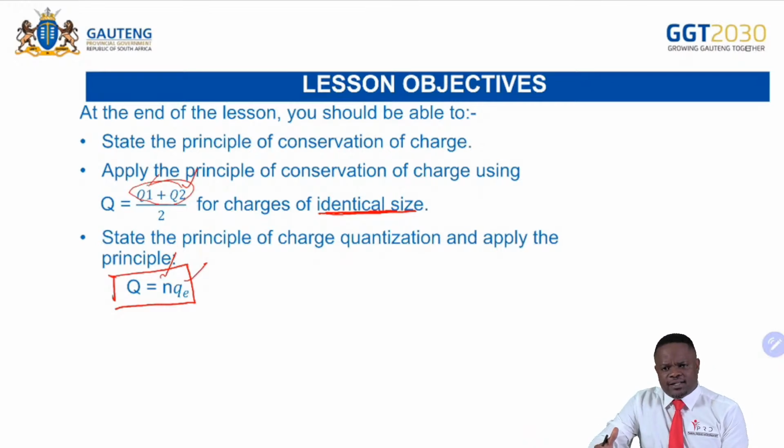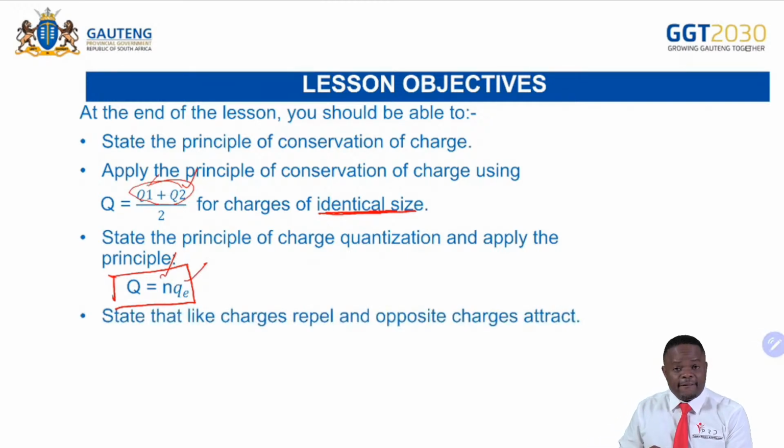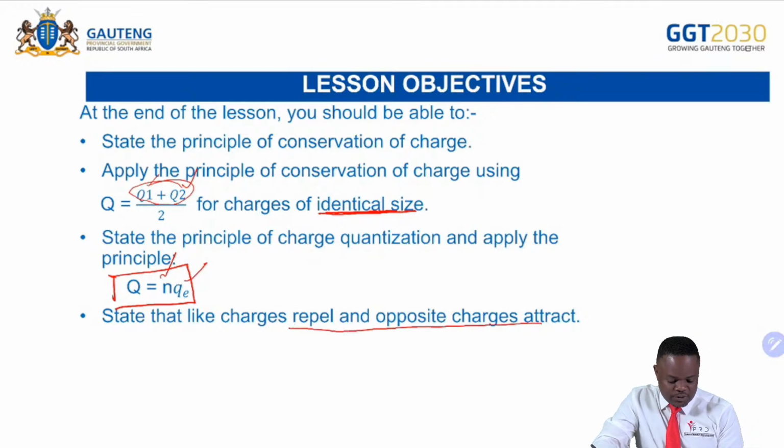Remember, it is important that you have your calculator with you as we go over this section. Also remember to state that like charges repel and opposite charges attract. I believe we are familiar with this one.